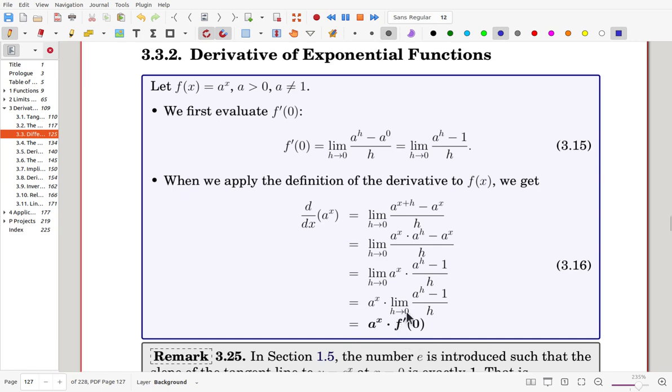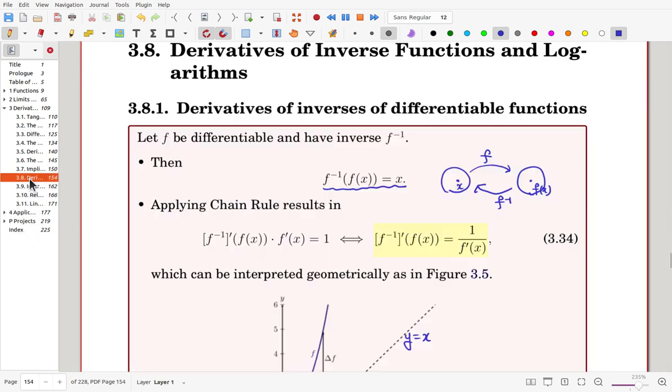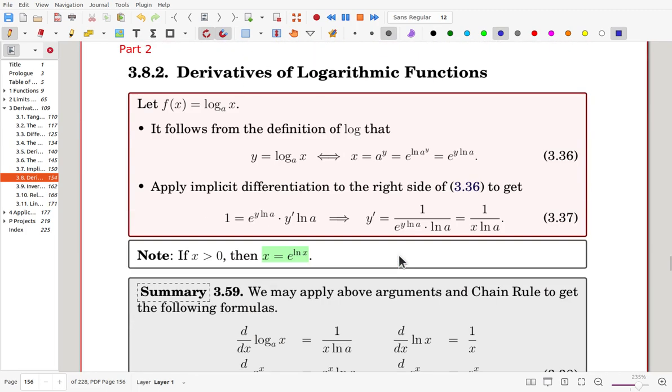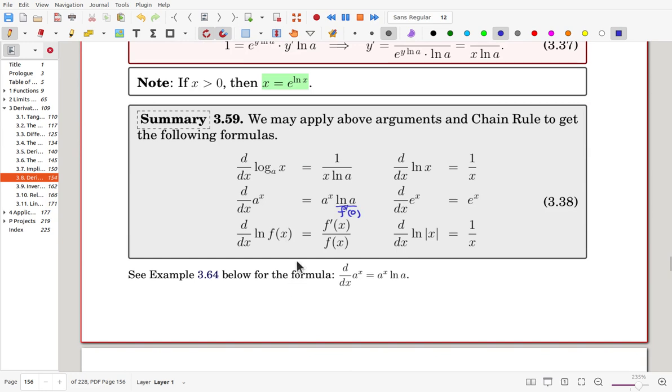But that one is now explicit here. This term is the same as the natural logarithm of a, right? Okay. Now we go back to the position, and we'll prove this one later below in example 3.64.